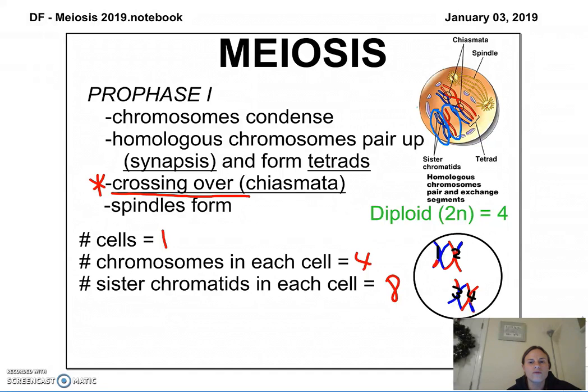During crossing over, chromosomes can share their DNA. They can give some of their DNA to 1 chromosome and take DNA from another chromosome. The location at which these chromosomes, the homologous pairs, share their DNA is called chiasmata. Furthermore, you have your spindles forming.